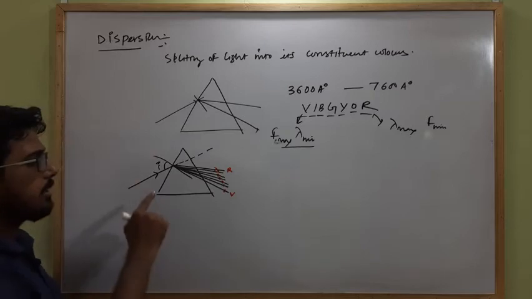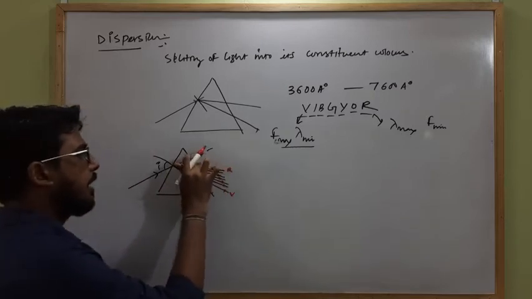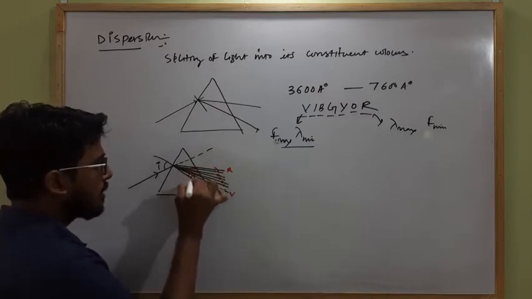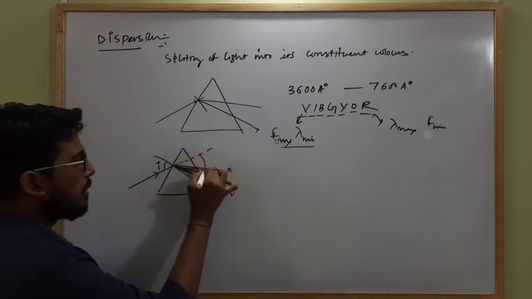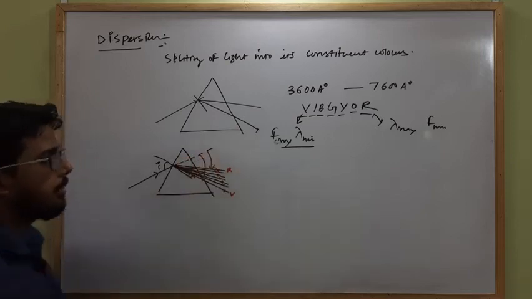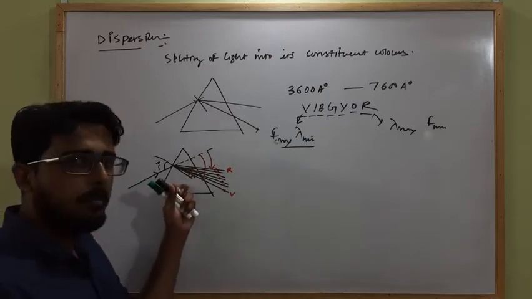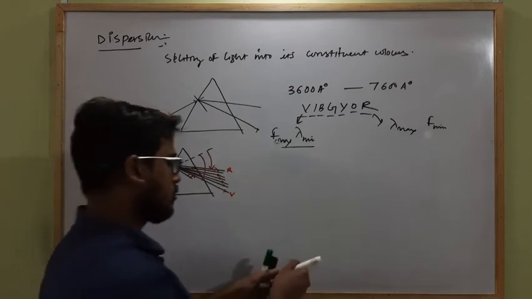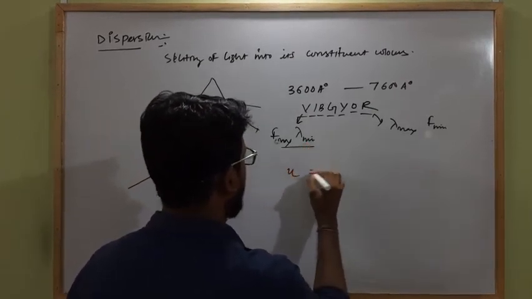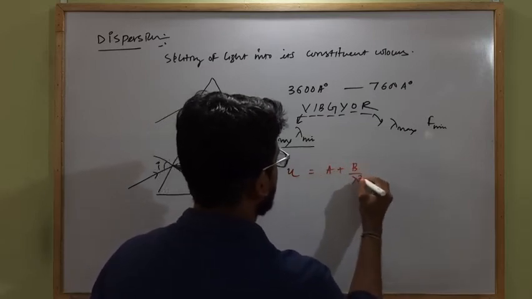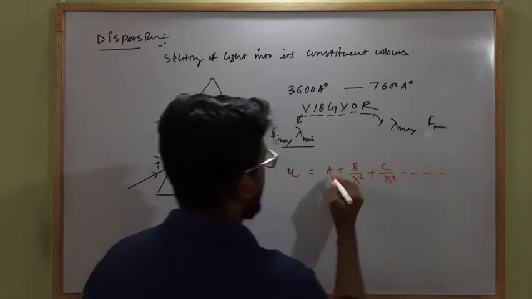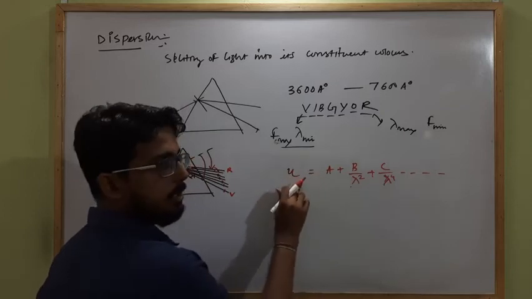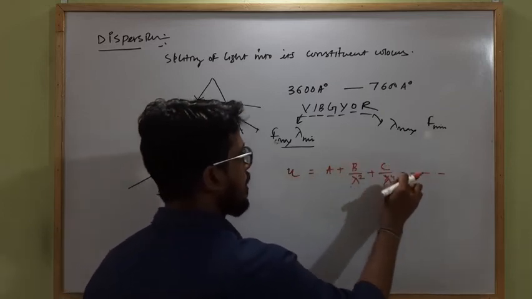So it was observed that red has a large angle of refraction in comparison to violet, but violet has a large angle of deviation in comparison to red, because the same medium has different refractive index for different wavelengths of light according to Cauchy's relation. According to Cauchy's relation, the refractive index of a medium depends upon this relation, where A, B, C are constants and lambda is the wavelength of the given light. Mu is the refractive index of the medium, which is equal to A plus B by lambda square plus C by lambda fourth and so on.